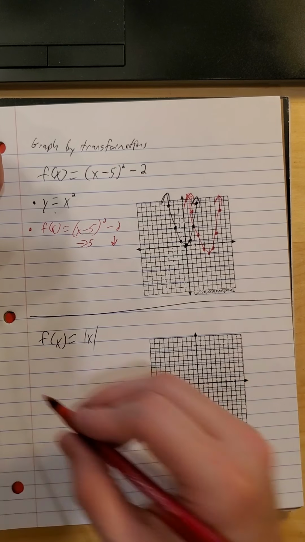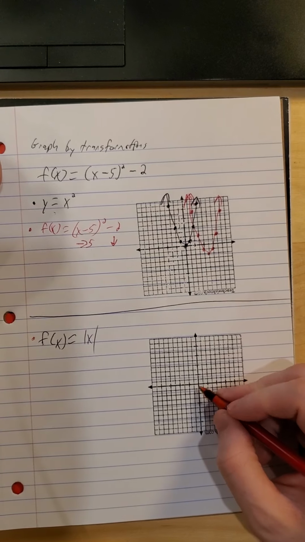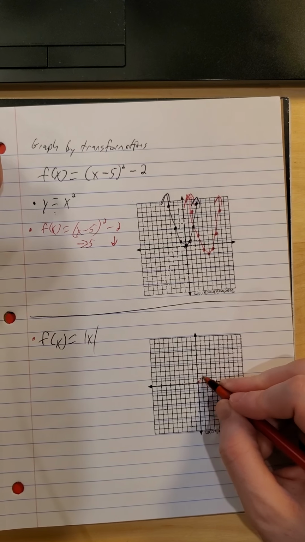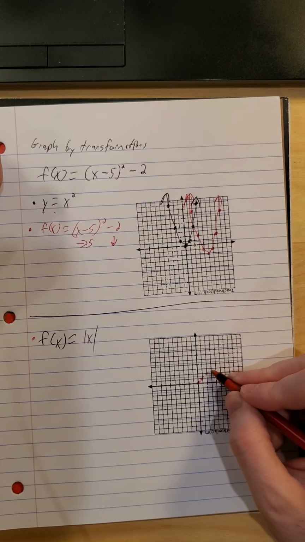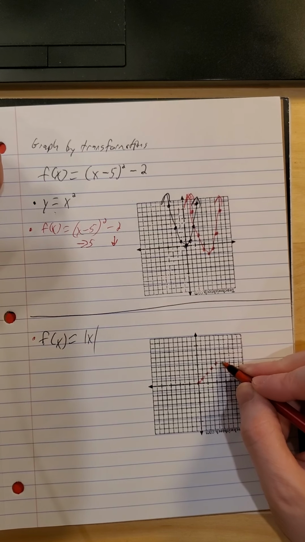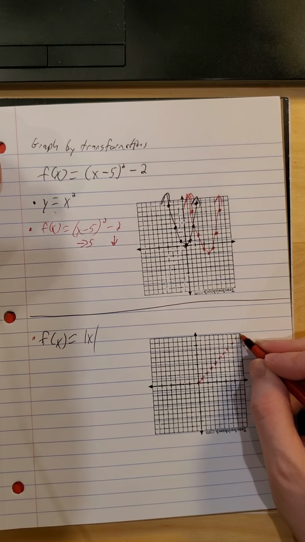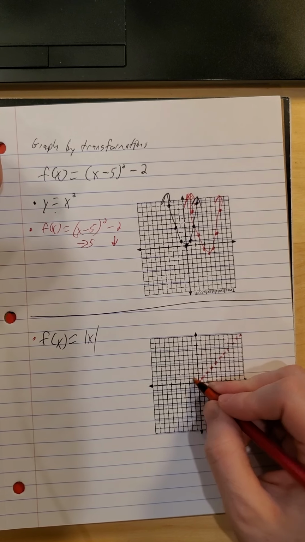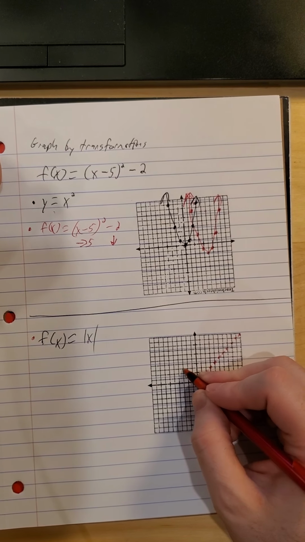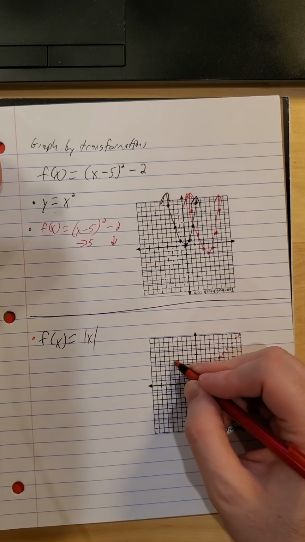Let's say we'll do these in, I guess, red to start, since that's what's in my hand. Absolute value of 0 is 0, absolute value of 1 is 1, absolute value of 2 is 2, absolute value of 3 is 3, and so on. Absolute value of negative 1 is positive 1, absolute value of negative 2 is positive 2, and so on in that direction.